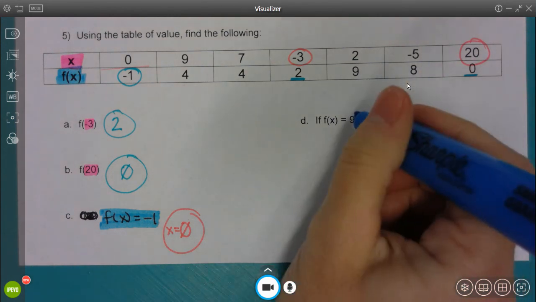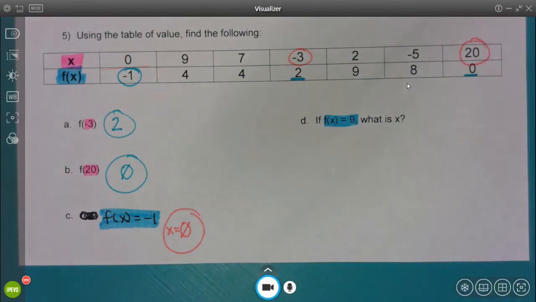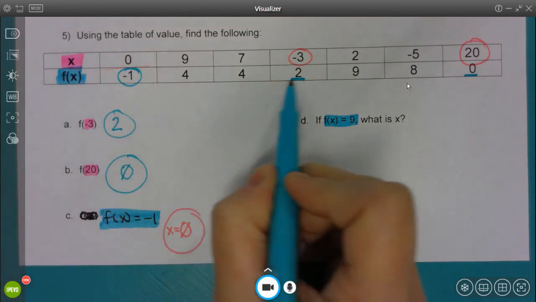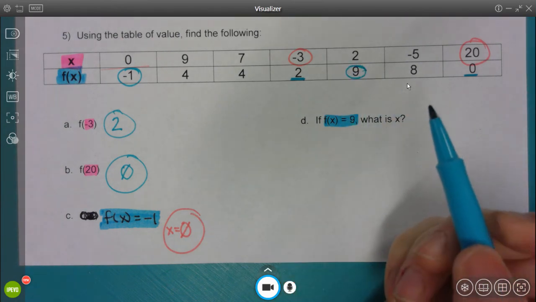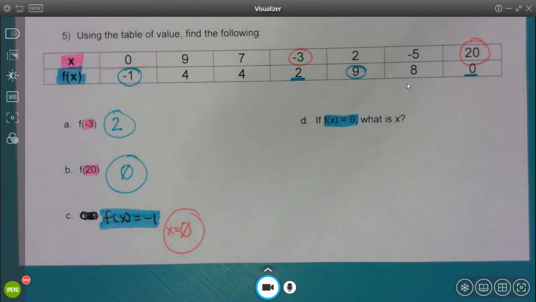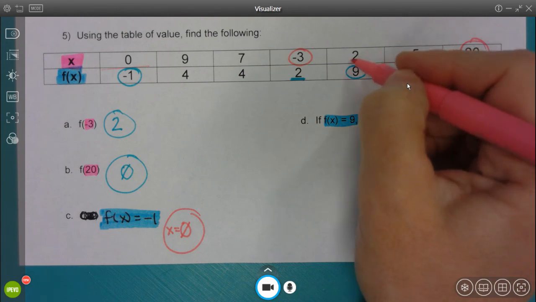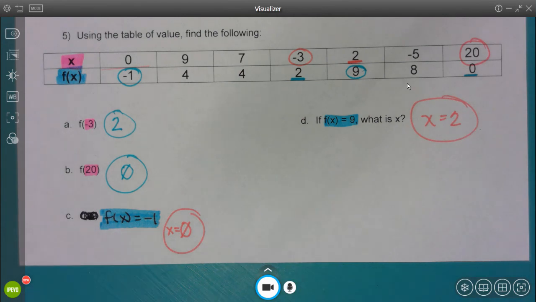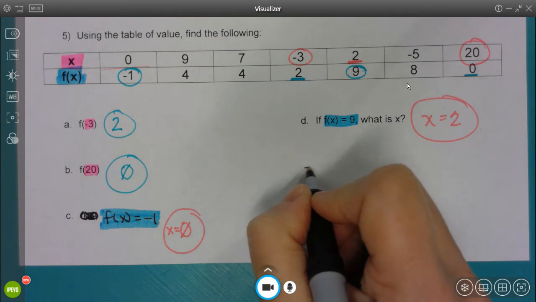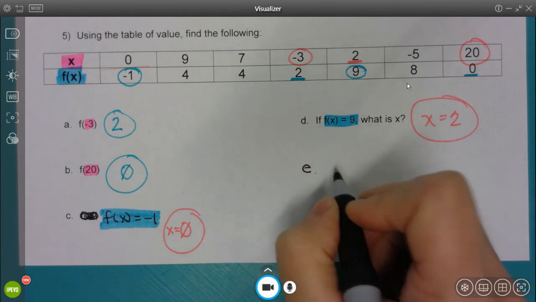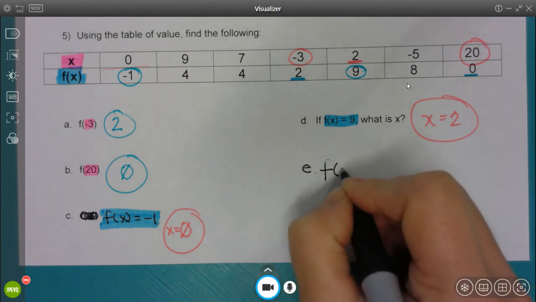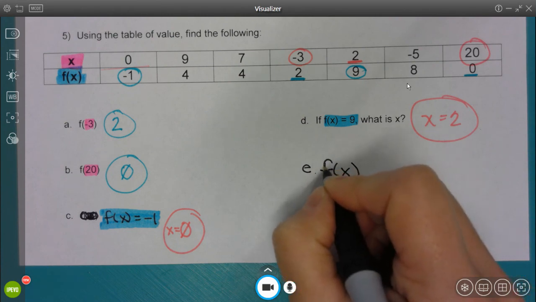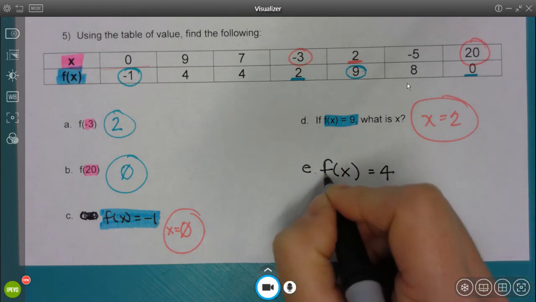And then for part D, I have f of x equals 9, which means I'm going along the output portion of my table to find 9. So here, my x value would be what matches with that. So x would be equal to 2. And I'm going to add one more in here, letter E. What would happen if I told you that f of x was equal to 4?